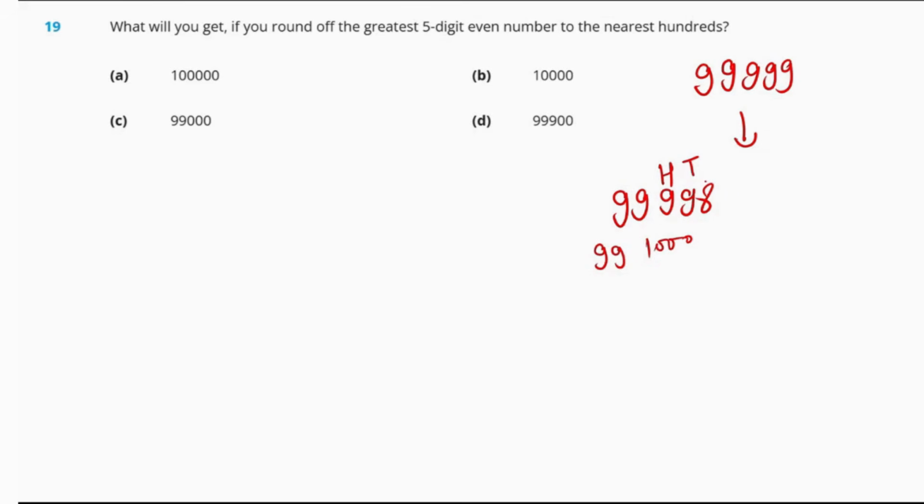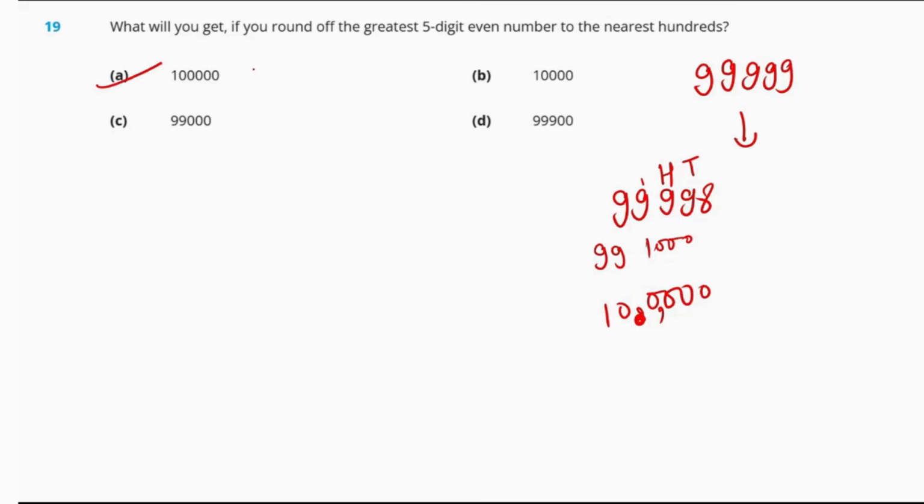Why? Because rest of these will become 0 and this 9 will become 10. So now we cannot write it like this. So we have to again add 1 to this one and so on, right? So finally, this number will become 1 lakh. So the right answer to this question will be option A.